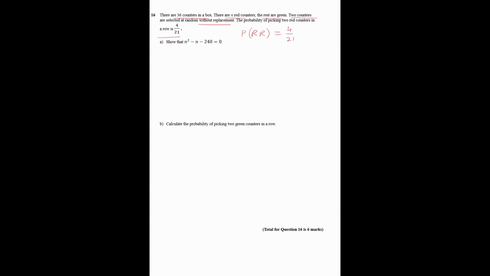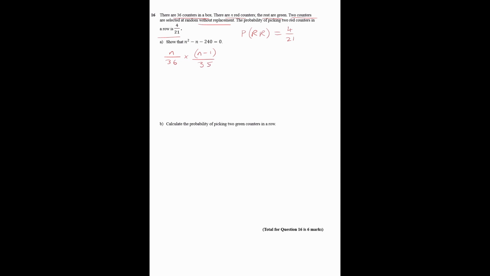So this has obviously got to do with the probability. Let's look at what the probability might be. The probability of picking a red counter is going to be n out of 36. That's the first one. If we're not going to replace it, then we're going to have n minus 1 over 35, because we're going to have one fewer counter.